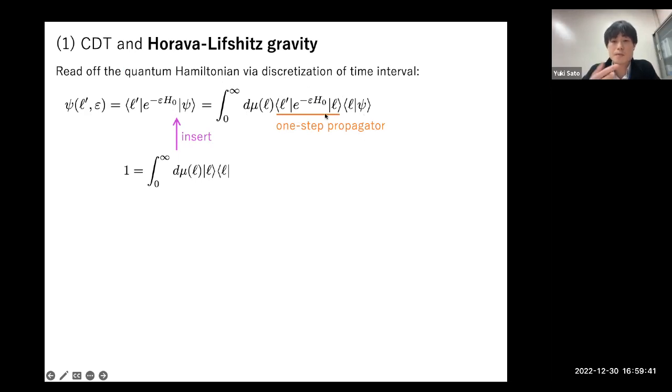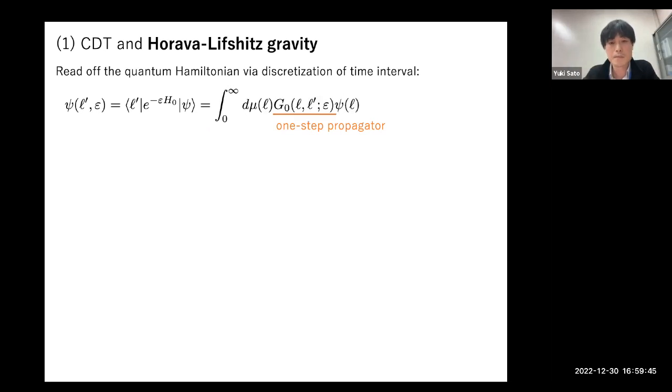This can be expressed by the path integral, so let me rewrite it like this. If you perform this integral and estimate at the next to leading order, you can read off the quantum Hamiltonian. And actually, this can be done very easily.